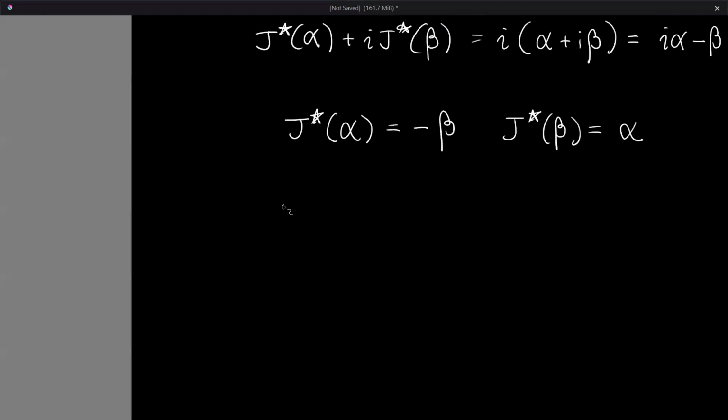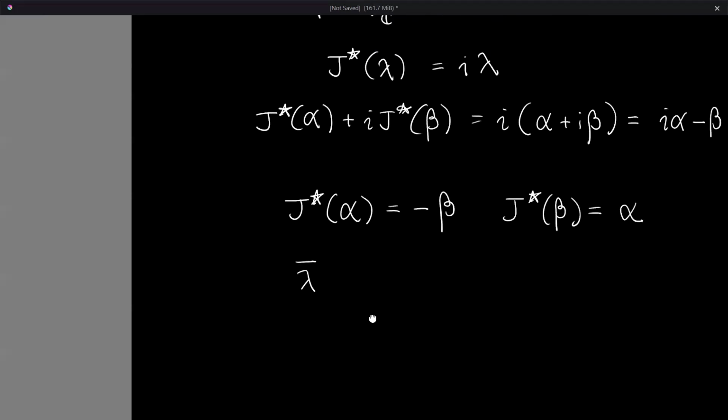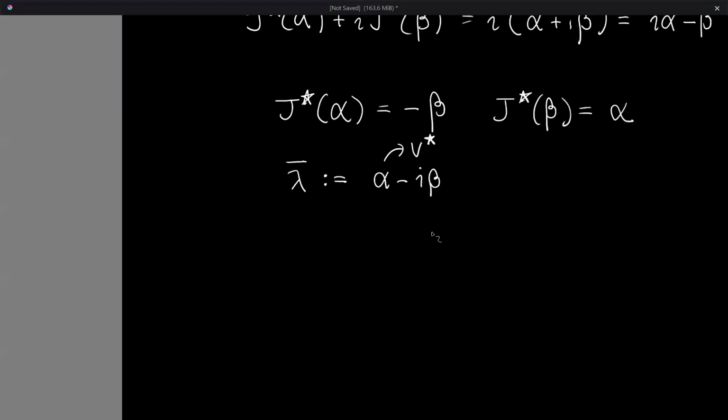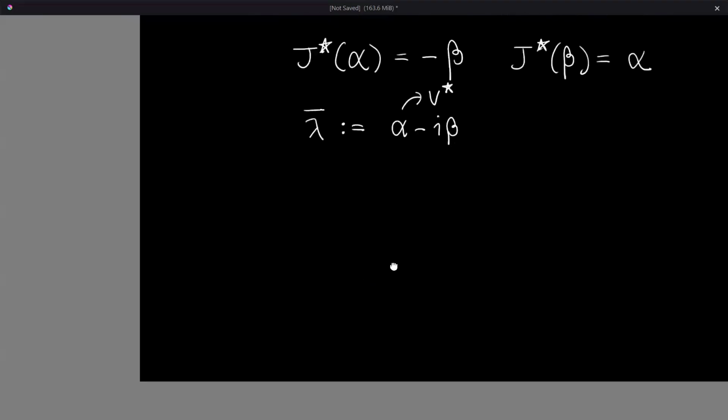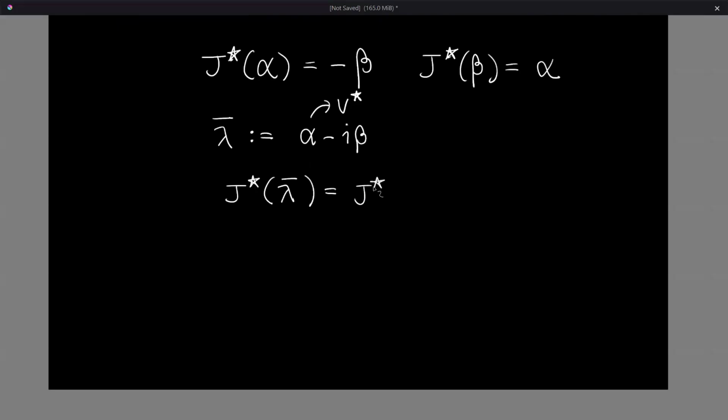So let's take lambda bar. Lambda bar, by definition, is equal to alpha minus I beta. It is the complex conjugate, but in this situation, these are both elements of V star, so I thought it'd be pertinent to make it explicit. Let's see what happens to this when we use J star on it. J star of alpha minus I beta.